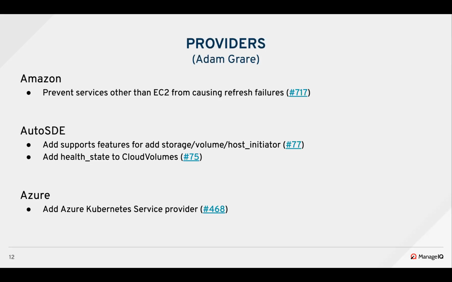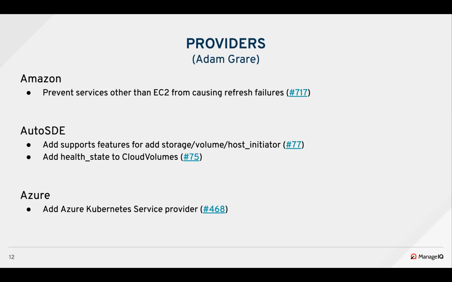And so that was causing the entire refresh to fail. Now, if you give limited permissions, we'll only collect EC2 and handle any other errors gracefully. And so it's possible to restrict your permissions for ManageIQ to be just EC2 if that's what you'd like.